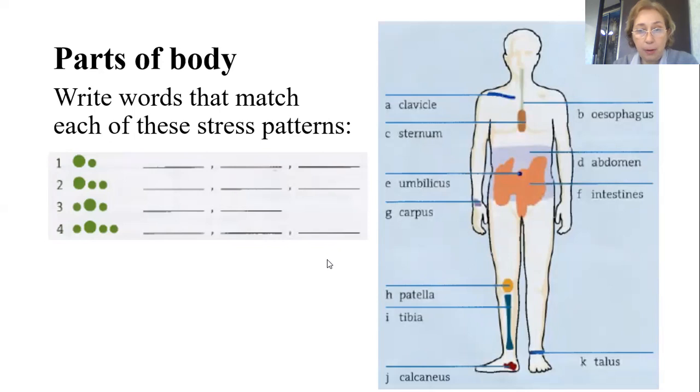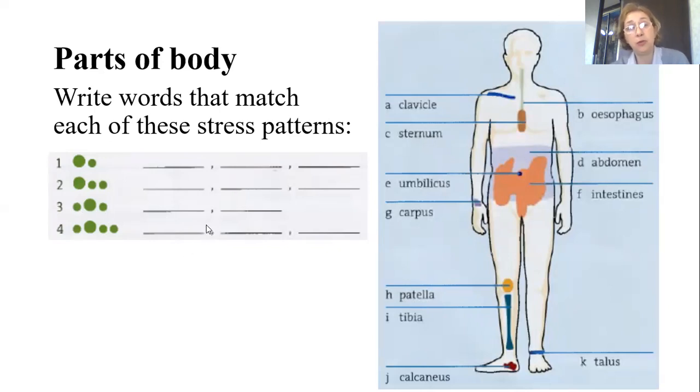the word patella. Which group should we write the word patella? Group 3. Yes, group 3, because it consists of 3 syllables, and the stress is on the second syllable, patella.